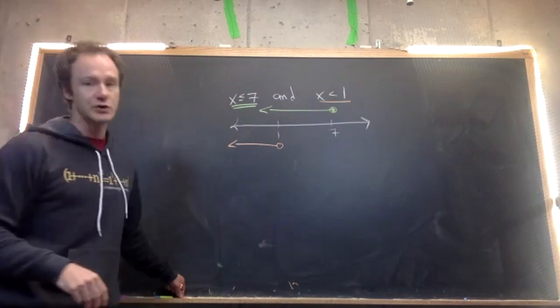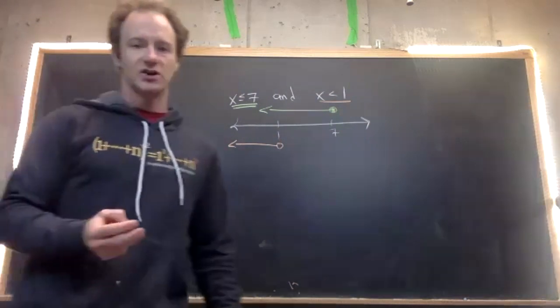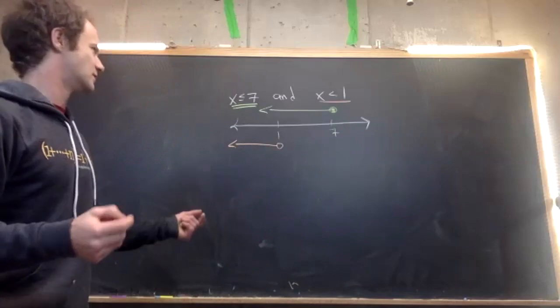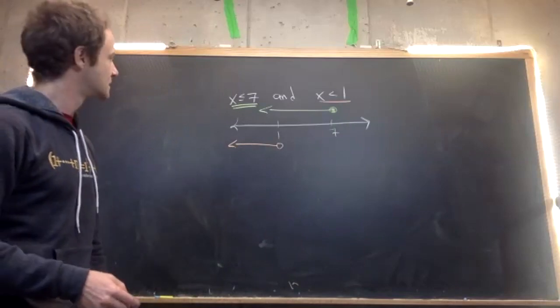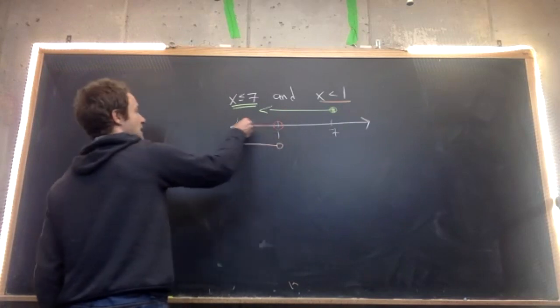So what we want to do is look for all points on the number line that are shaded both green and whatever this peach color is. Notice that in this case, it's going to be everything in this direction.